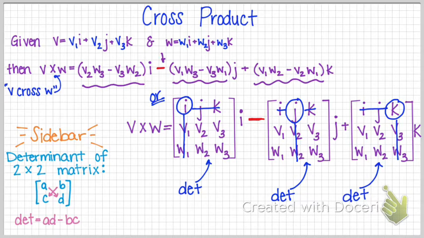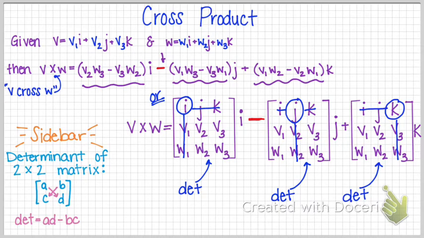Now, there's an easier way to remember all of this. Basically, we're going to make a matrix out of I, J, and K, and each of our vectors.